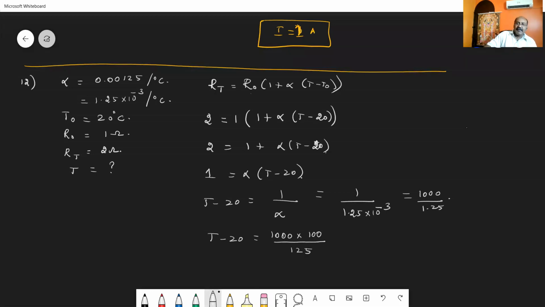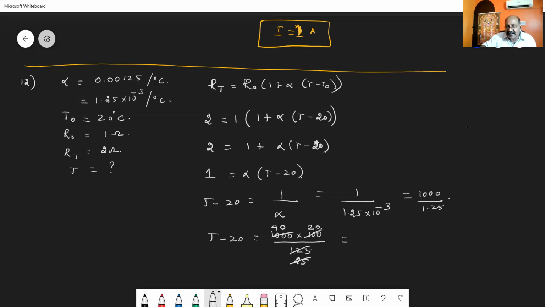Numerator and denominator multiplied with 100. Now you simplify. If you are simplifying this with 5, you will get 25. Here you can get it as 20. Then 1000 divided by 25, you will be able to get 40.